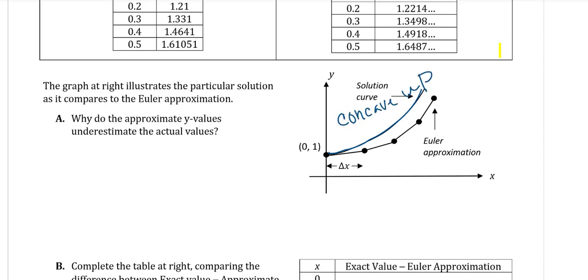So what does that mean about where your tangent lines will be? The tangent lines will always be underneath. So that's why. So that's the kind of answer you're going to write. So you can write the curve of y is concave up.